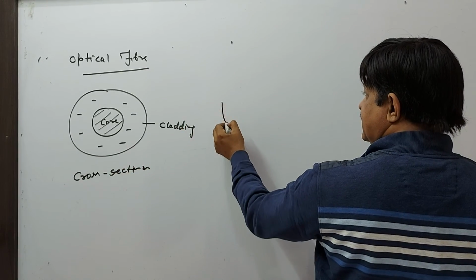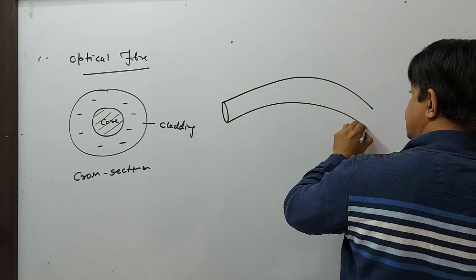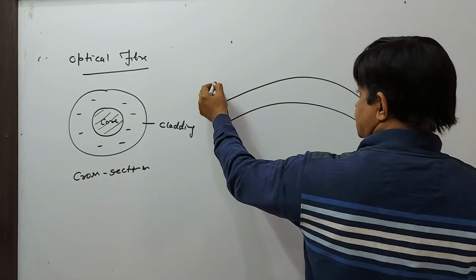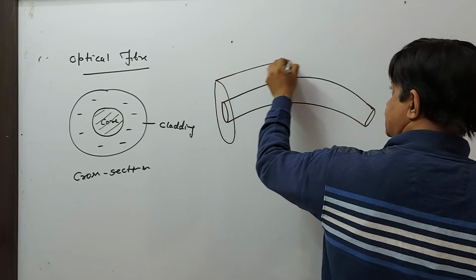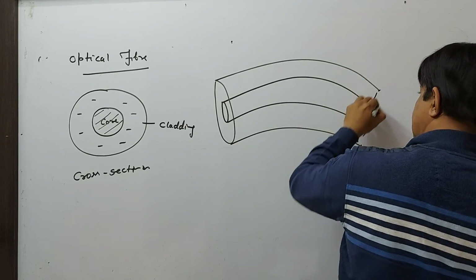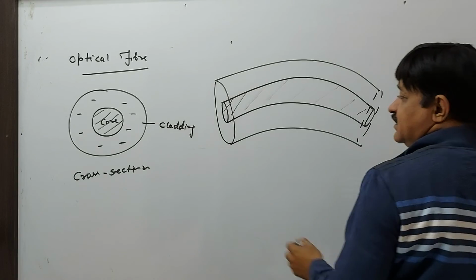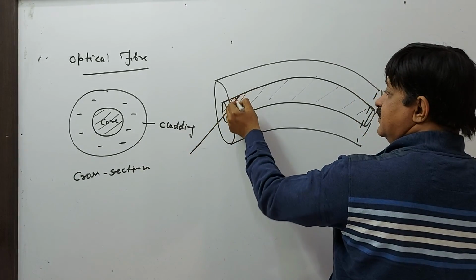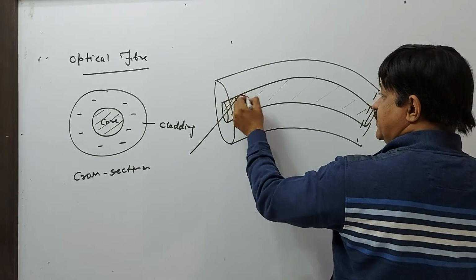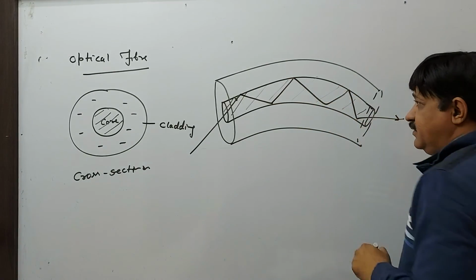Now, if you see the optical fiber cable, this will be the denser part. Light will enter, suffer total internal reflection, then go, and then come out.